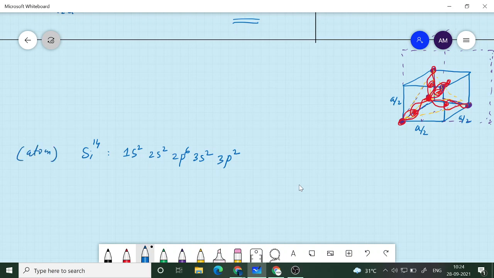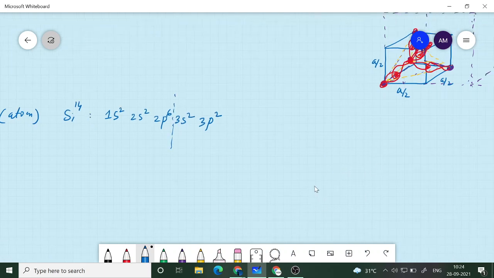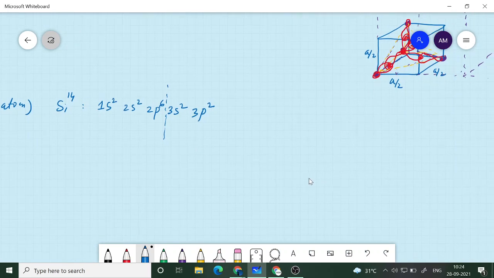Now when these atoms are brought together to form a silicon crystal, different silicon atoms will interact. The outer shell has basically 4 electrons. That is what we call the valence electrons. So there are 4 valence electrons, 3s2 and 3p2.